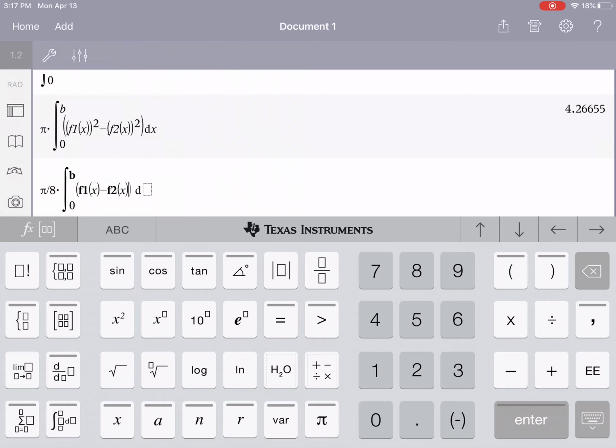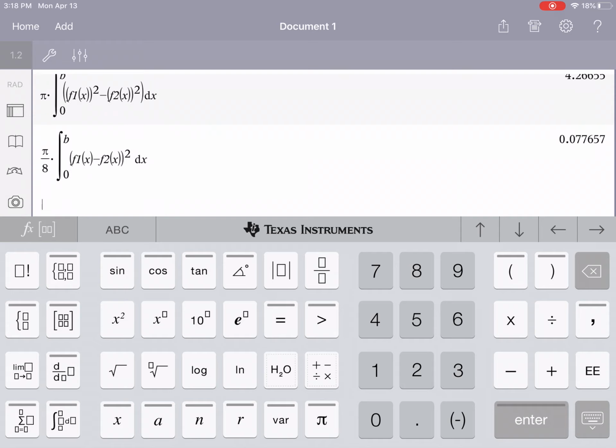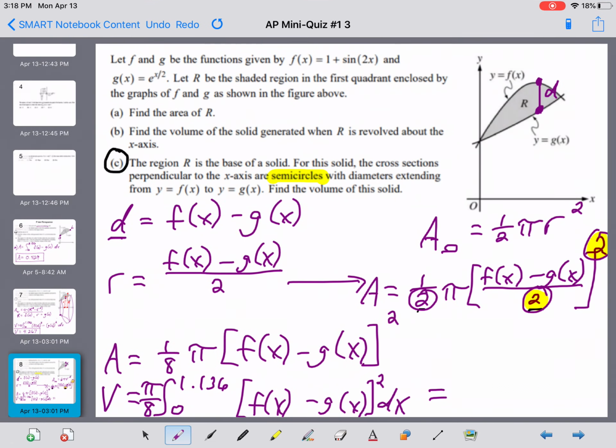Let's close that off and close the whole quantity right there and square all of that. And we're integrating everything with respect to x, and I think that's going to give us the answer we were looking for of 0.078. And that's the answer that we were looking for.